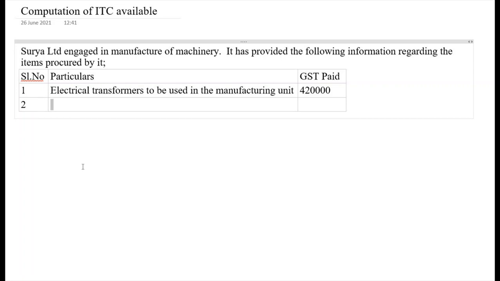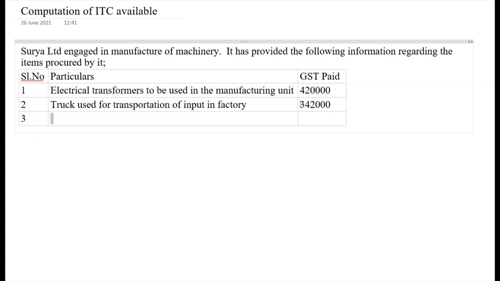Number 2, truck used for transportation of inputs in factory, rupees 3,42,000.